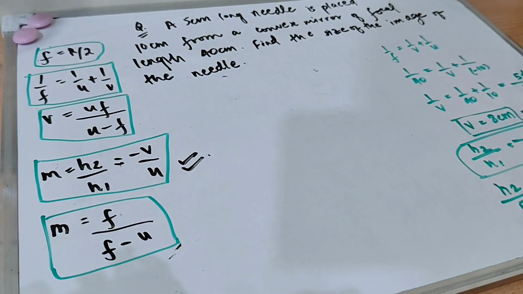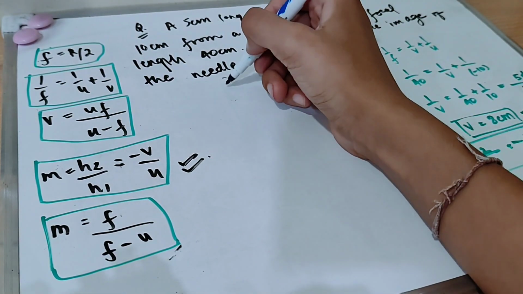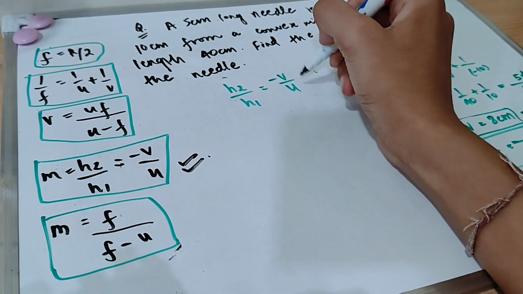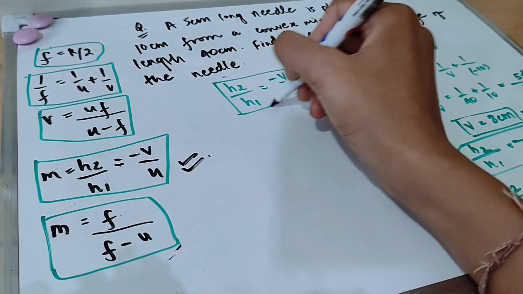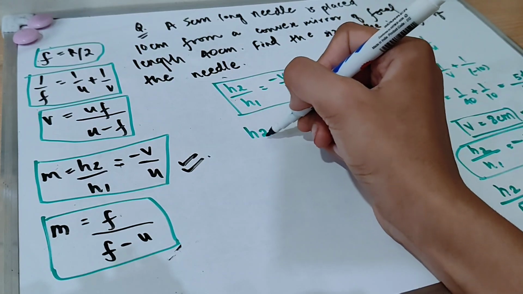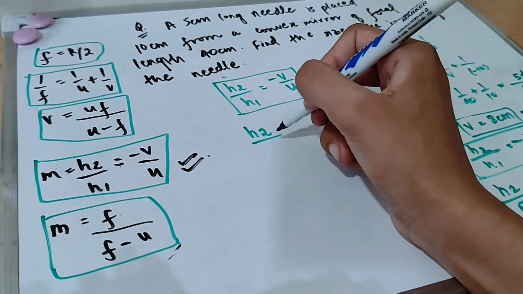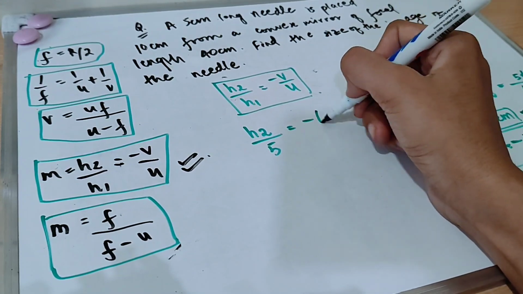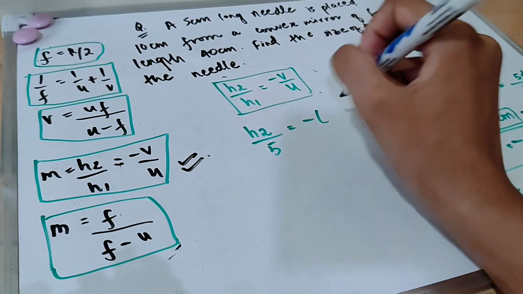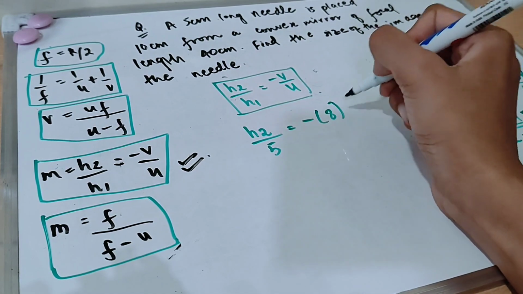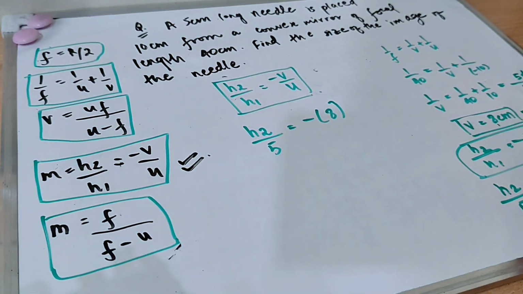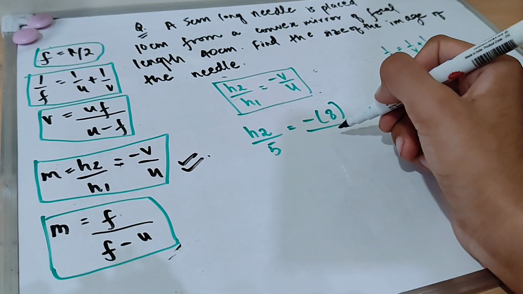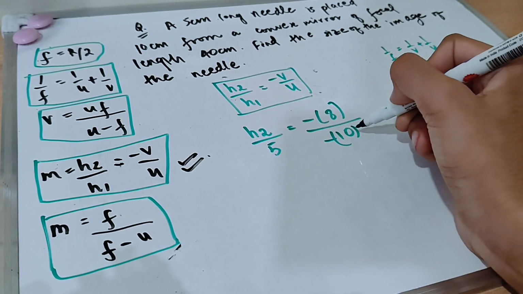Sorry, you were not able to see. h2 by h1 is equal to minus v by u. This is the relation that we are going to use. h2 is what we have to find out. h1 is given as 5 centimeters, minus times of v, which we just calculated as 8 centimeter over here, and now u, which was given to us as minus 10 centimeter.